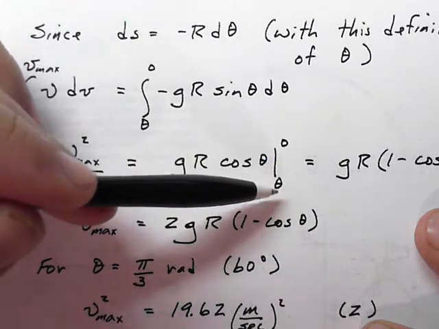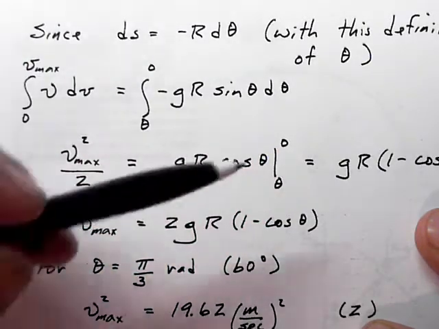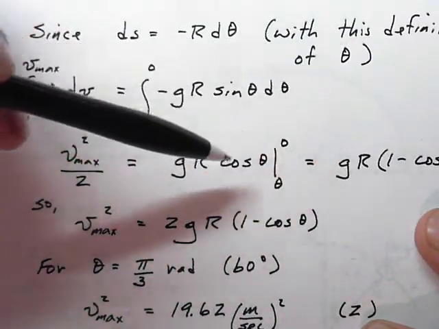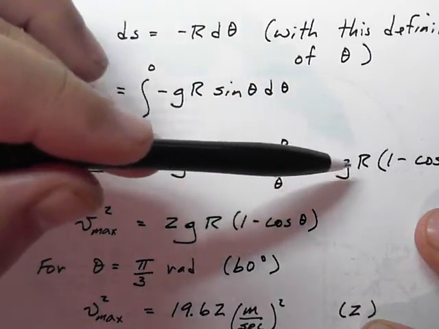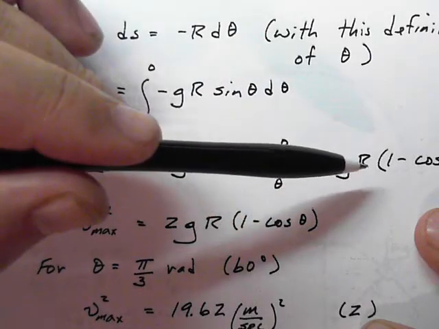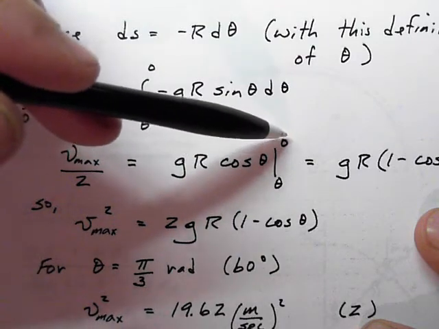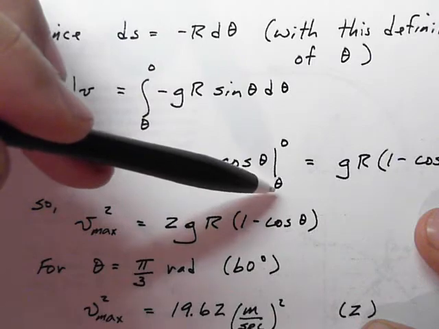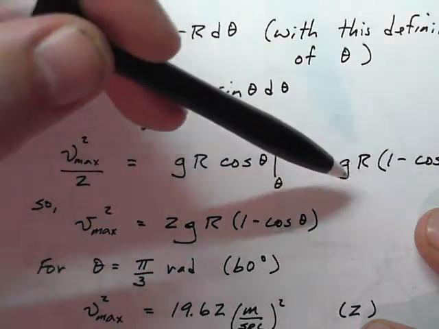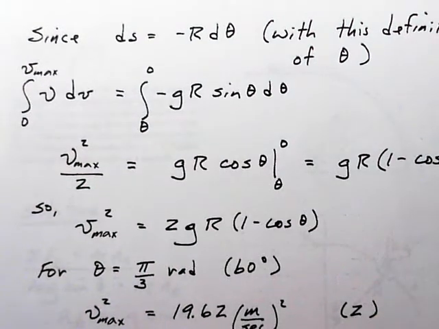Integrating from the starting theta down to theta equals 0, and plugging that in, we will get a g r cosine of 0 out of the top term, and the cosine of 0 is 1, and then we're going to get a g r cosine of theta out of the bottom term. So this becomes g r times 1 minus the cosine of theta.